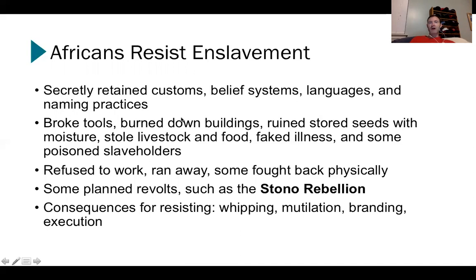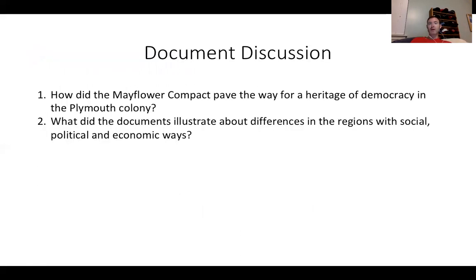And that's exactly what we're talking about. Customs, belief systems. That could be religion, language, like the Gullah, G-U-L-L-A-H. Breaking tools. Rebelling, as we'll look at more in our next session, guys, with different kinds of rebellions, whether they're slave or class warfare, things like that. So it's very important for us to keep in mind how this is going to impact the development of the country, the colonies, into the next phase of American history, and of course, as we know, beyond.